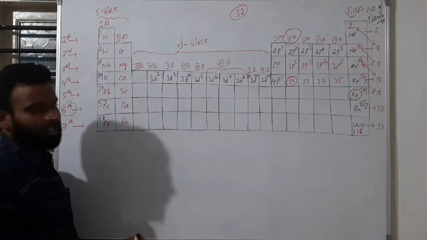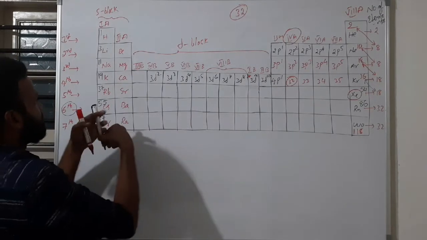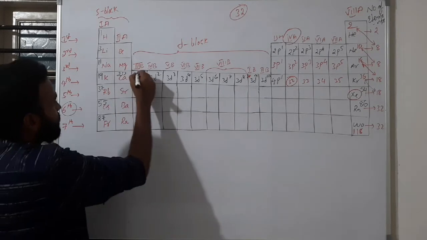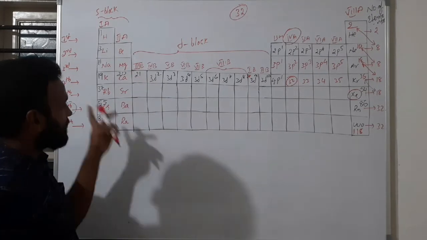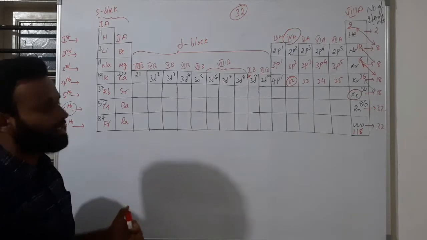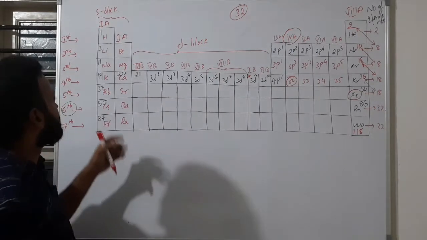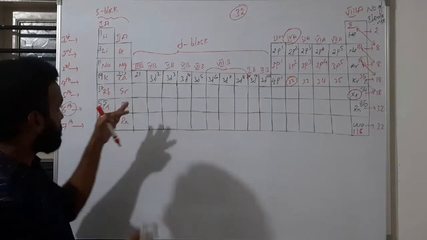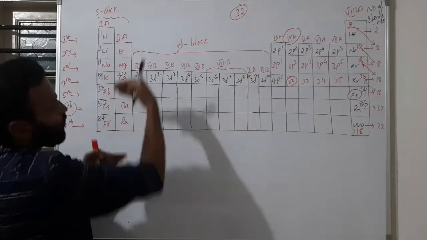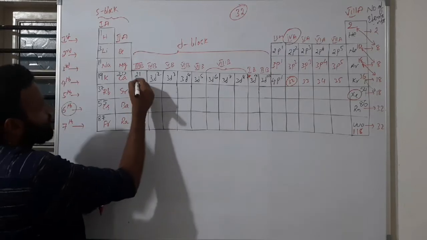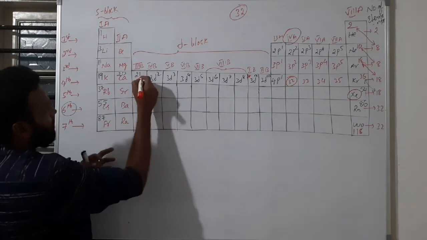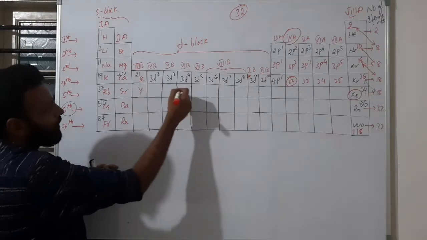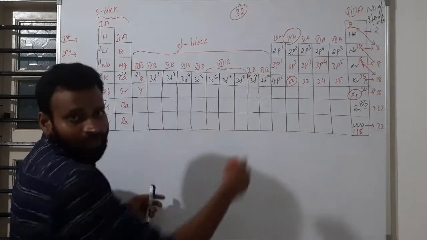In the B block also you can see. Calcium is 20 here. B block I am explaining now. Calcium is 20. This is 21. In the same group, if you know how many elements are in the previous period, you can say. Okay, what is here? Here I know this is scandium. What is yttrium, zirconium, niobium, molybdenum, technetium, rhodium, like that, you know.